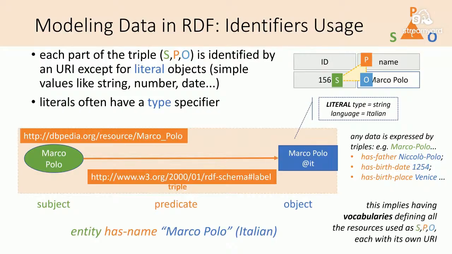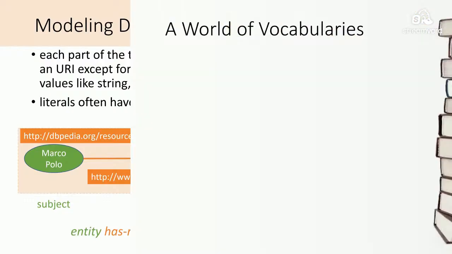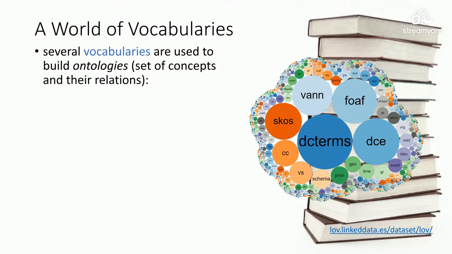So this implies sharing a set of vocabularies which define all the concepts used as subjects, predicates, or objects, each with its own URI. And these vocabularies are known as ontologies. There are a lot of them available, covering very different domains.